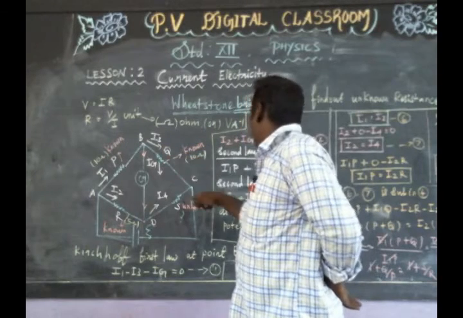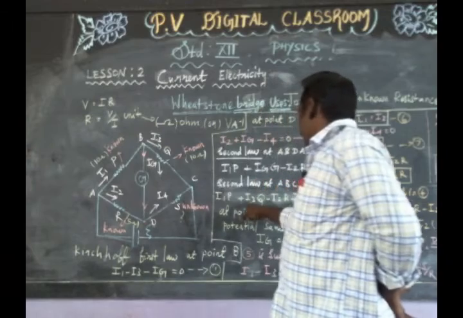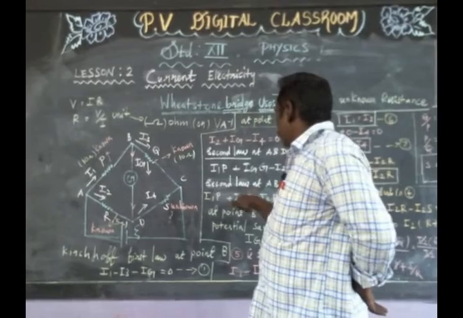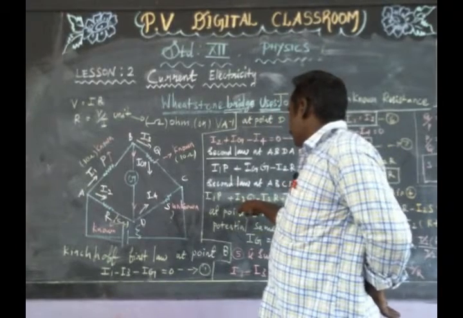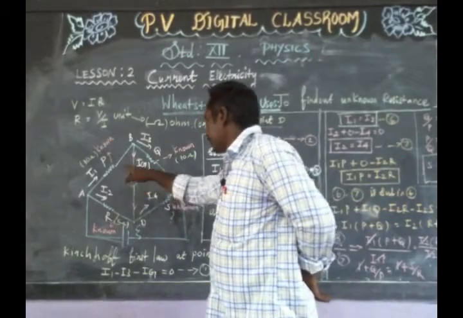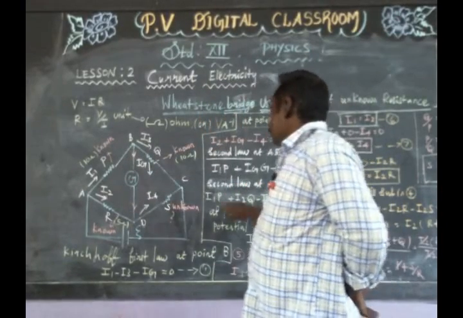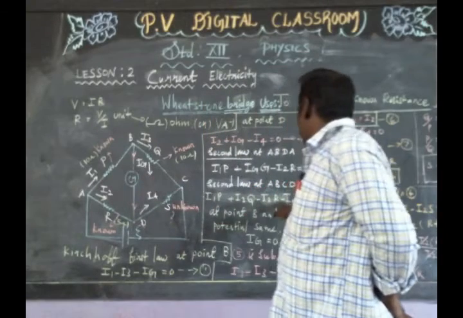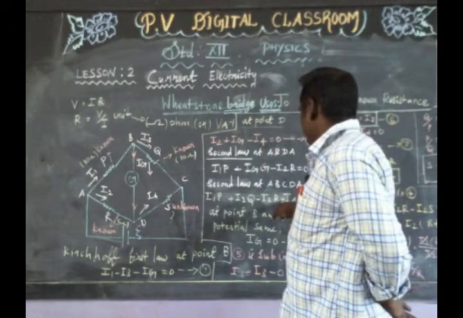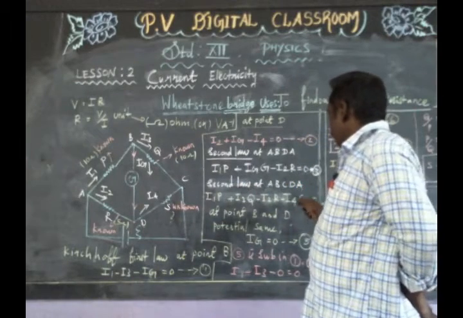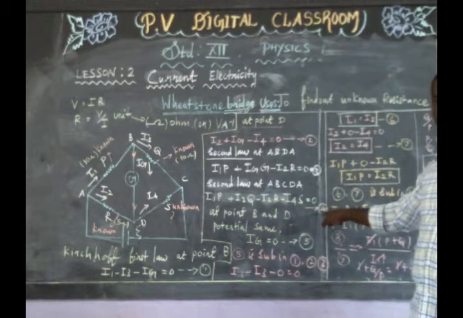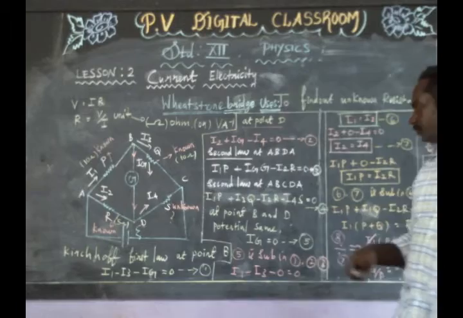I3 with resistance Q is clockwise, positive. I2 and I4 are anti-clockwise, taken as negative. So the total value is 0. This is equation 4.